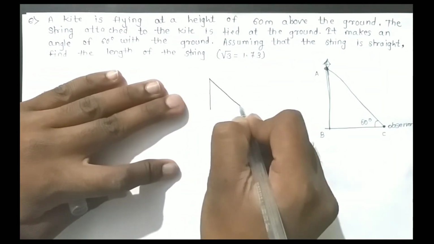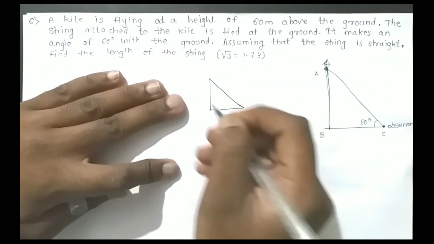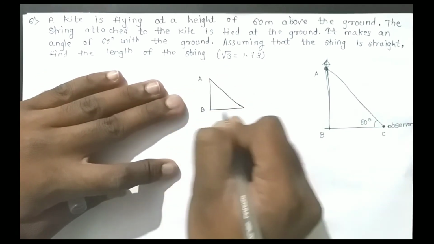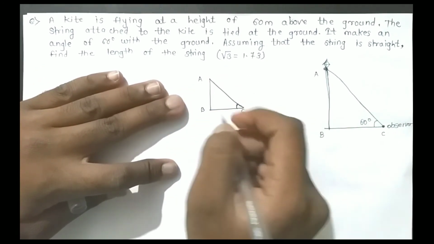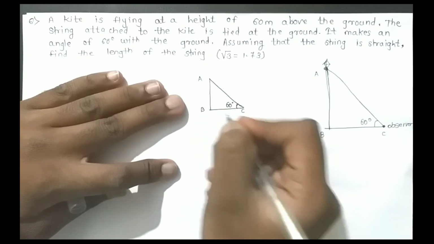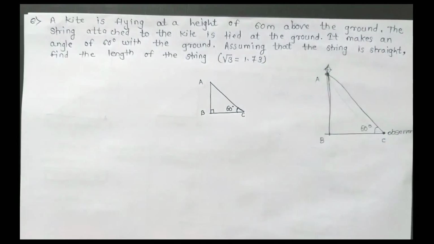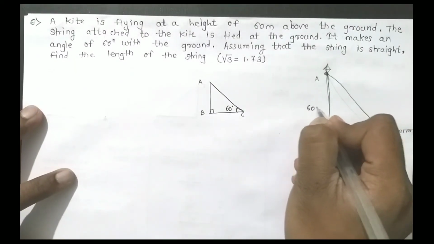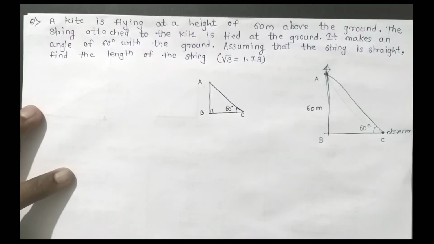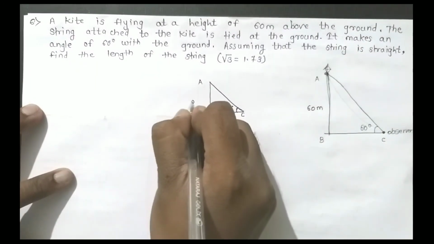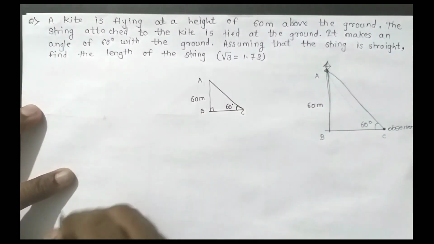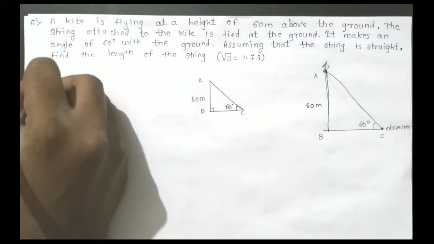Our main figure is like this: A, B, C, theta at the C, that is 60 degree, right angle at the B. Now kite is 60 meter above the ground, so AB is 60.